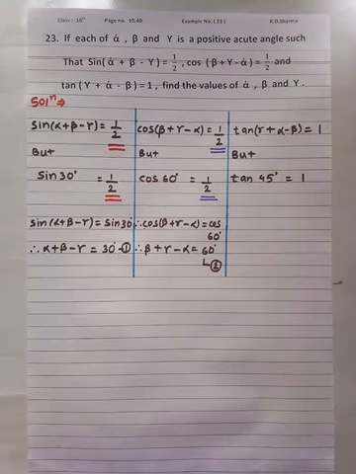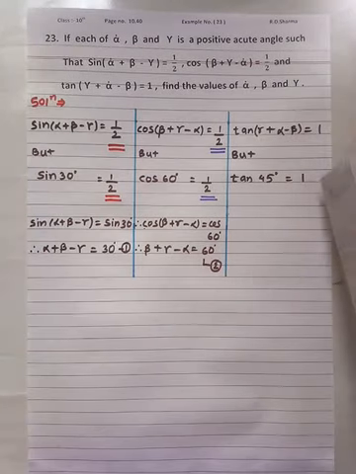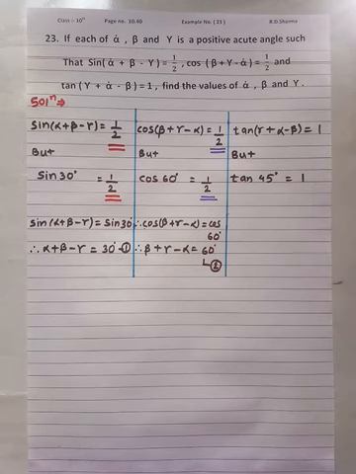Then observe the third column. In the third column, the RHS is 1, meaning the RHS are equal.